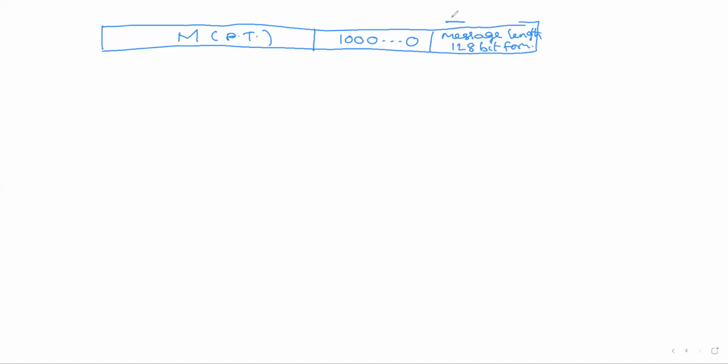So this gives the length of the message in 128-bit format. This is the original plain text and these are padding bits.